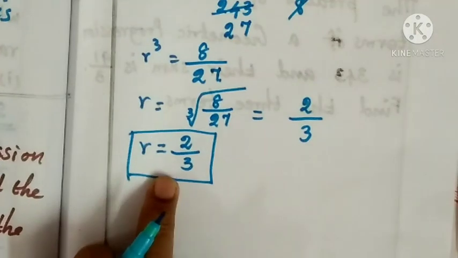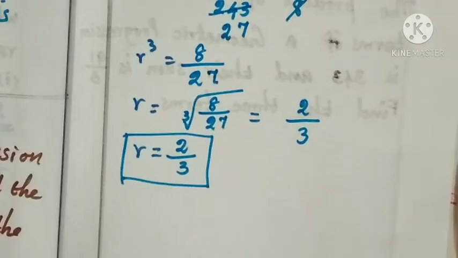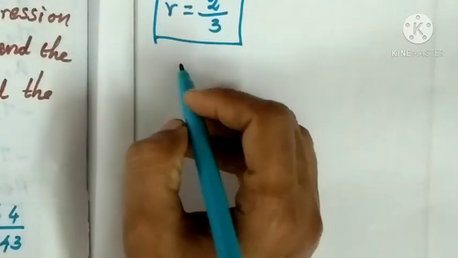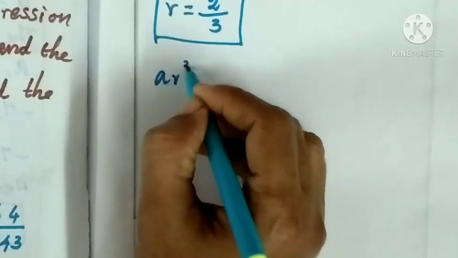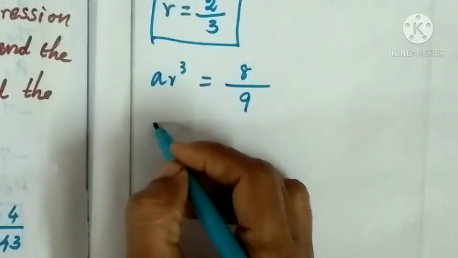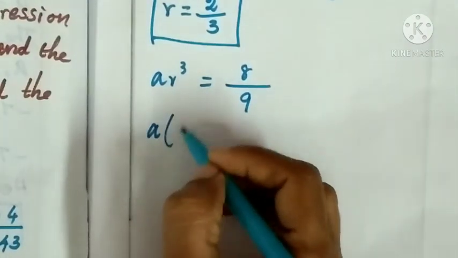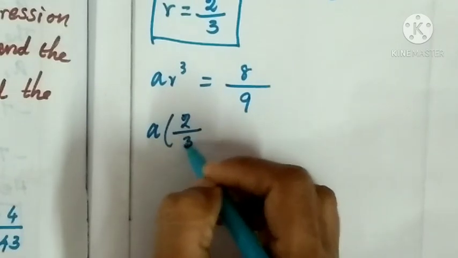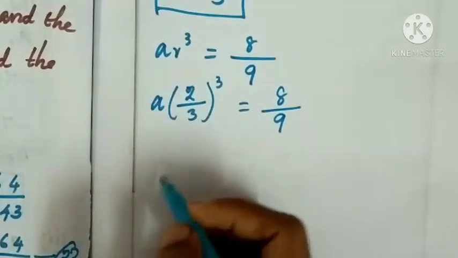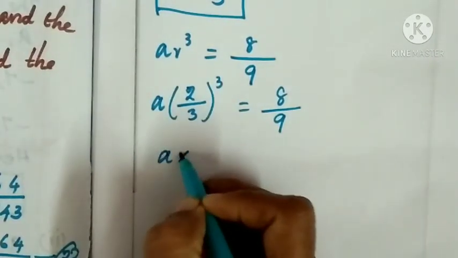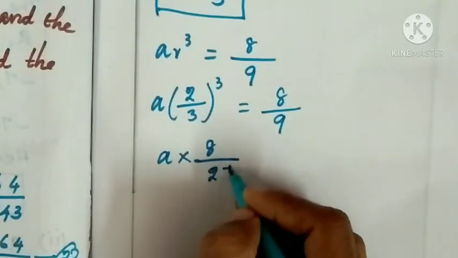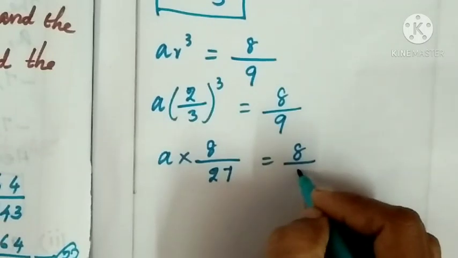Now you have to apply this value in the first equation, means we get the value of A. First you take down and write the first given, that is AR cube is equal to 8 by 9. Here R is 2 by 3. Therefore A into 2 by 3 the whole cube is equal to 8 by 9. Now you have to simplify this, means A into 2 cube 8 by 3 cube 27 is equal to 8 by 9.